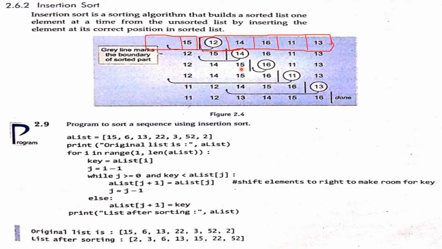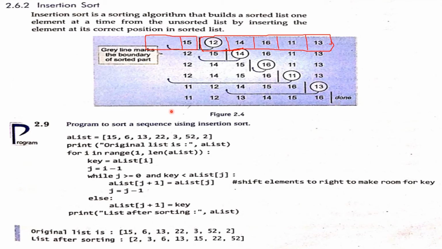Now the sorted sublist becomes 12, 14 and 15, and 16, 11 and 13 are unsorted. The same way we will check the next value and then the last, 13, and this way our insertion sort is completed.